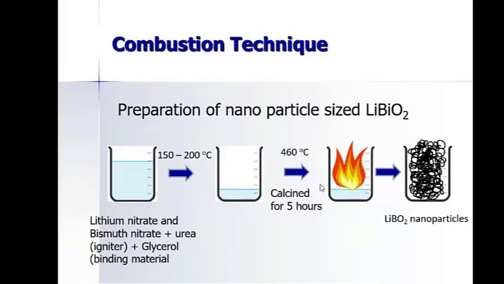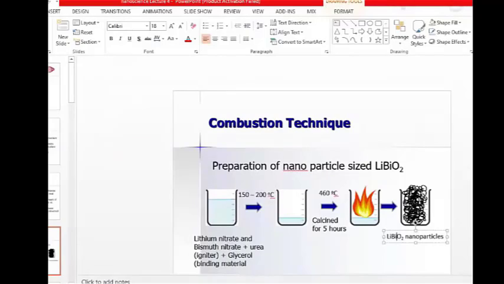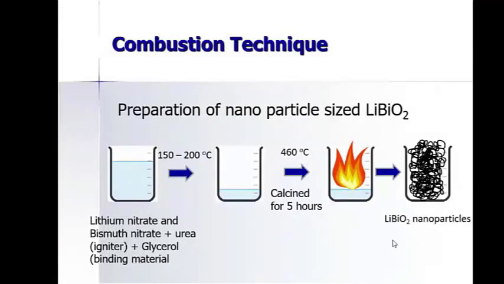Again, the temperature is increased, and the combustion reaction starts by itself. The reaction is exothermic, and the whole reaction takes place within a few minutes. It results in the release of a lot of gases along with that. So you are getting the product in the form of nanoparticles.